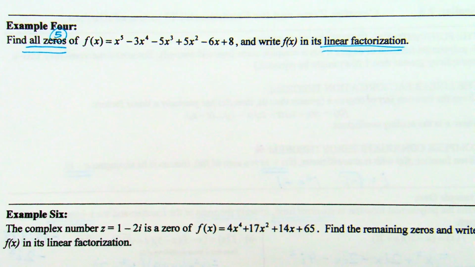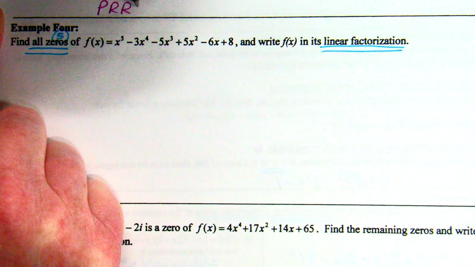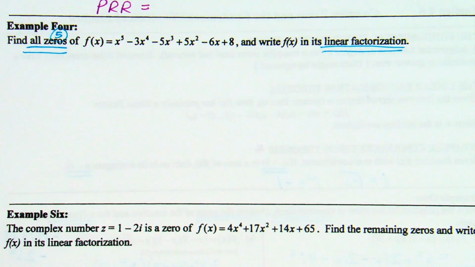I'll let you off the hook. If you don't want to write PRRs out, that's okay. You kind of have an idea of what PRRs are, and I'll throw them up here. I'm not going to get as official here as I did before. But, reminder, focus up here, please. How do we do PRRs?